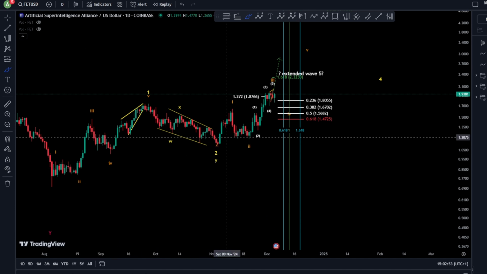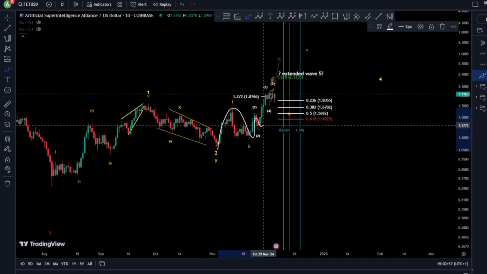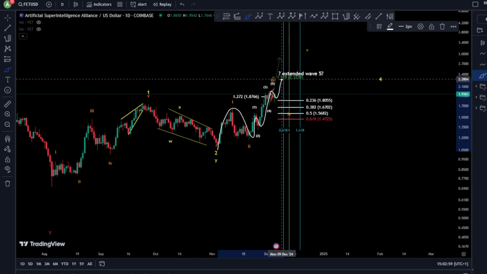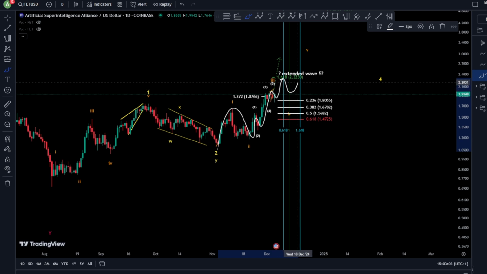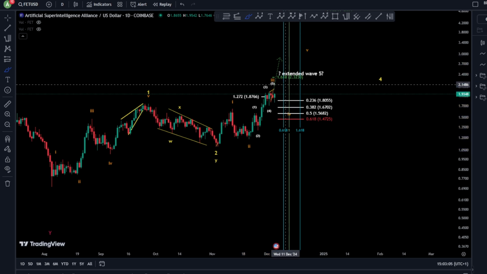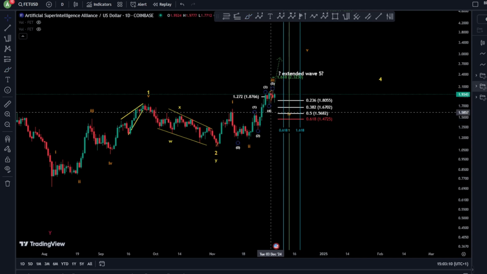If you are in a bigger scenario here, where you are looking at 1, 2, and then 1, 2, 3, 4, 5, then it's the same. You finished wave 3, you would like to see a correction and then move towards the upside. However, this correction is shallower than your wave 2, of course.